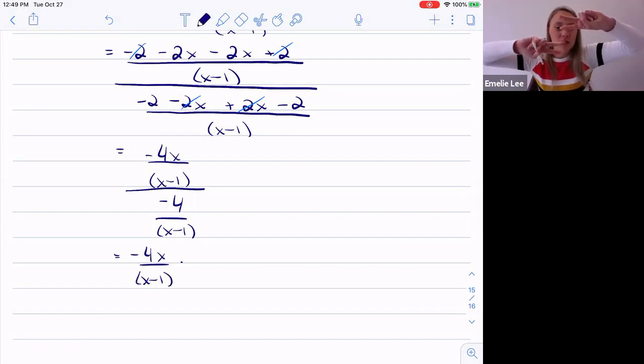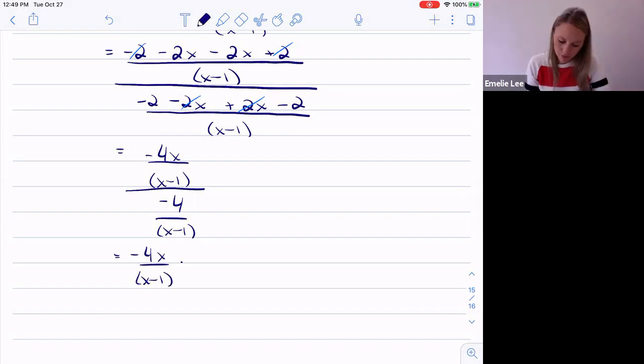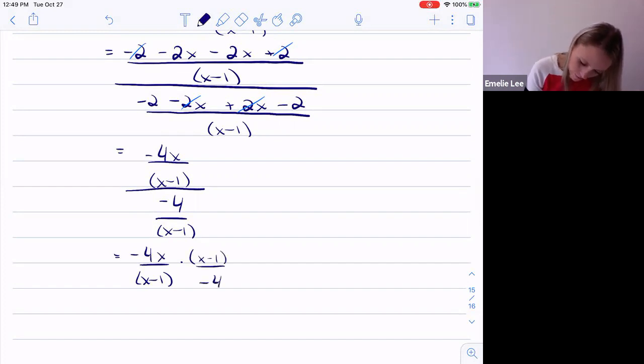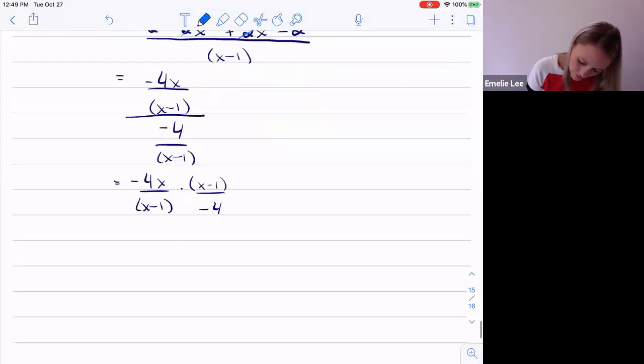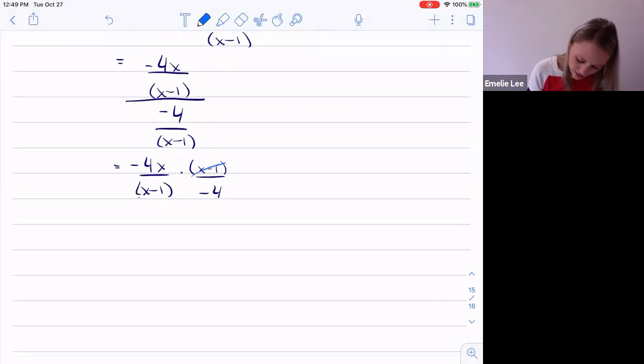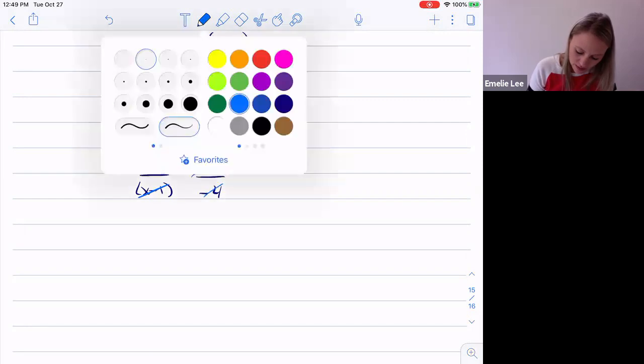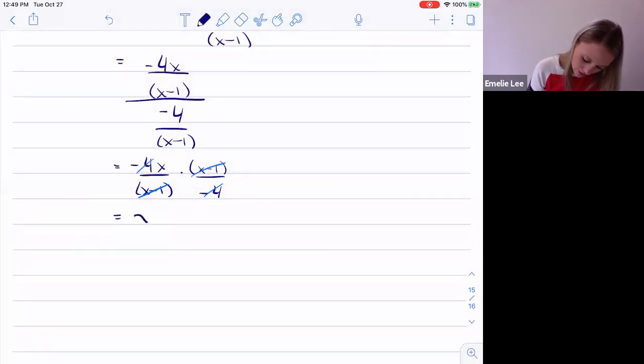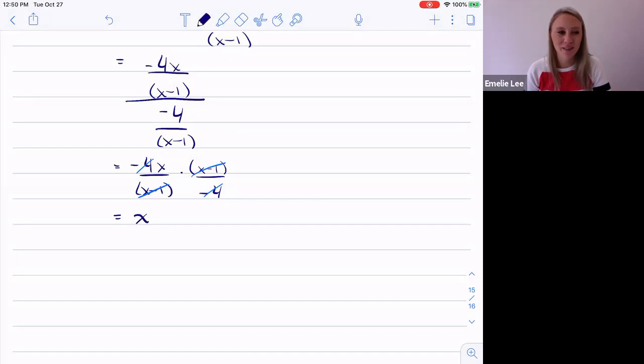We've got a fraction over a fraction. I have to flip and multiply. So (x minus 1) over negative 4. X minus 1 is going to cancel with x minus 1, and the negative 4 is going to cancel with the negative 4. And so, wouldn't you know it, with a minute to spare, equals x, right?